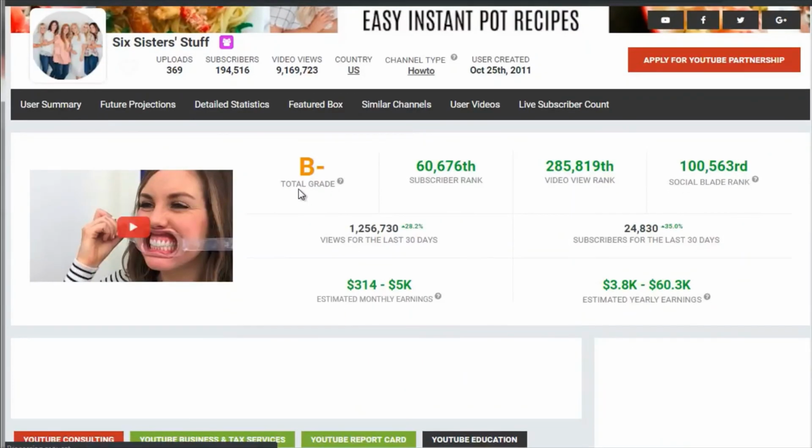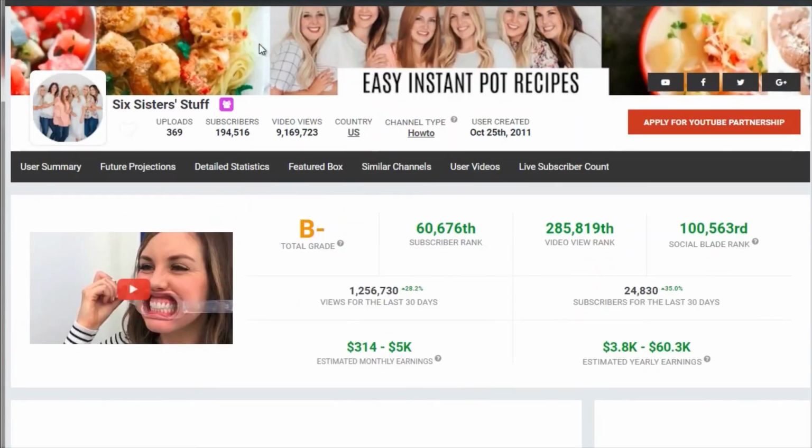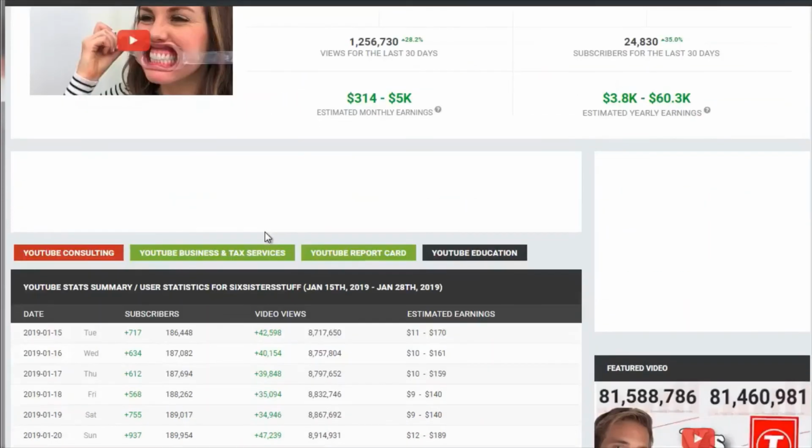So right off the bat, we can see that if we were to rank on the keyword Instant Pot, it's going to take a lot to break through. But the way we can break through is by using subcategories of that keyword, like Instant Pot recipes or Instant Pot chicken recipe, stuff like that. We can see that each one of these has about 100 to 200,000 subscribers, so you're going to have to be competing against that.